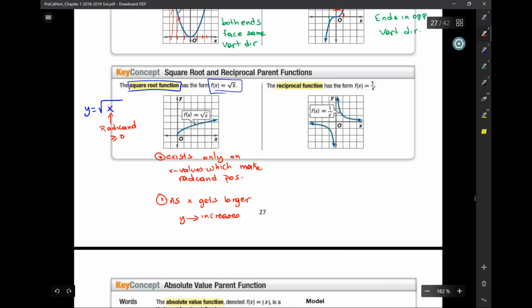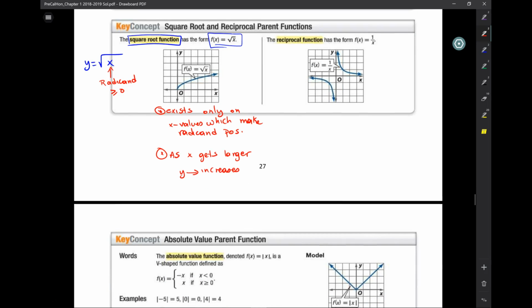Not exponentially, but it increases. Right, but that's not exponential. Exponential is if it was 2 to the x, right? So it increases like the square root of x. Okay? So that's important. Okay, so these are the things that I need you to know. As x gets bigger, yes, the y values are going to get bigger. Slowly but surely, they're going to get bigger.